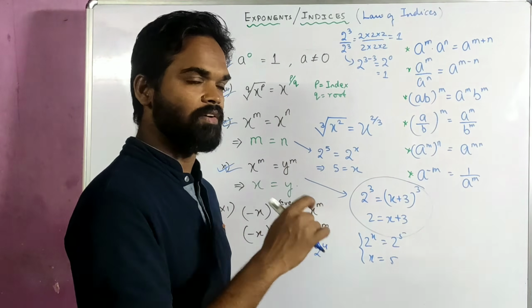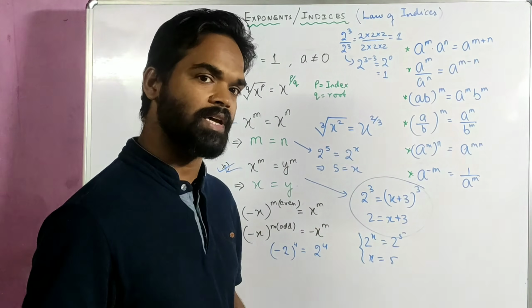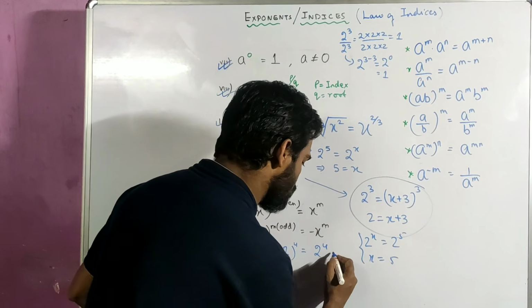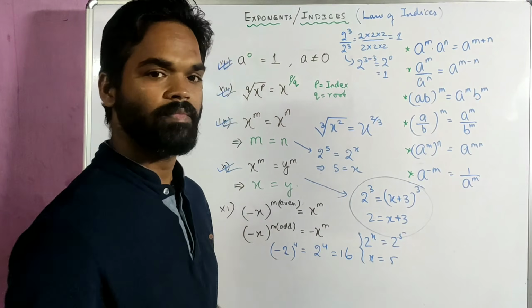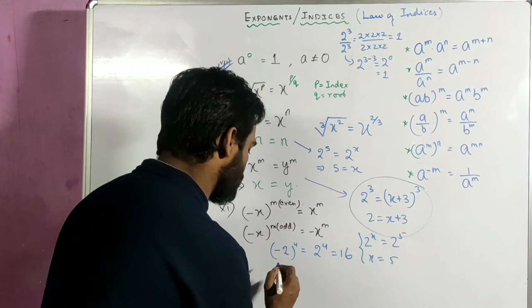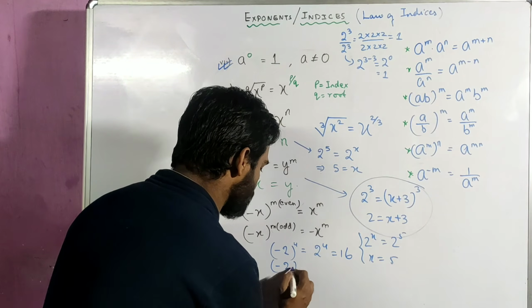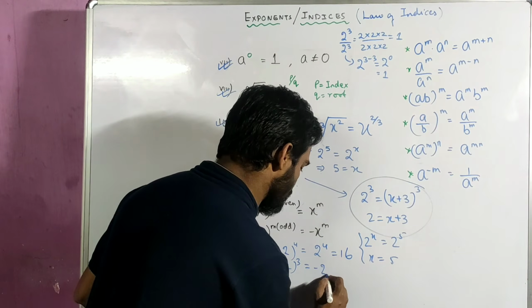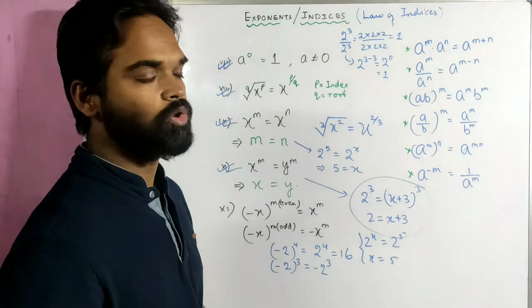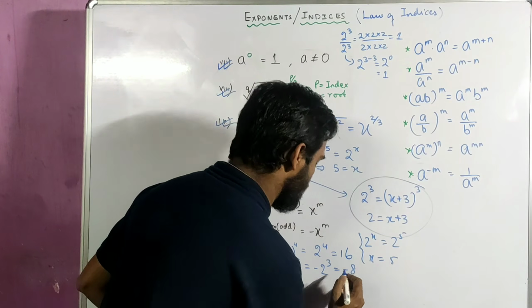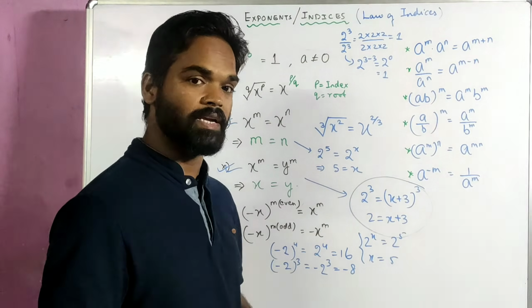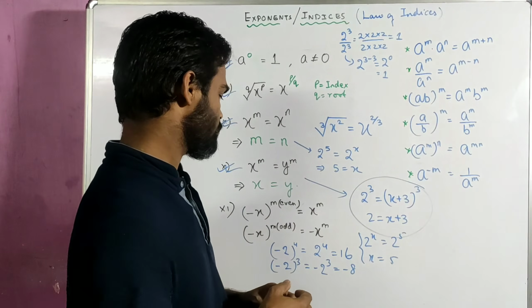So the negative sign repeated 4 times gives you a positive sign, and 2 to the power 4 is 16. See, it's a positive number. But if you do minus 2 to the power 3, when it is odd, then the minus sign remains, and it becomes minus 2 whole cube, that's minus 8, because minus repeated 3 times gives you a negative sign only.